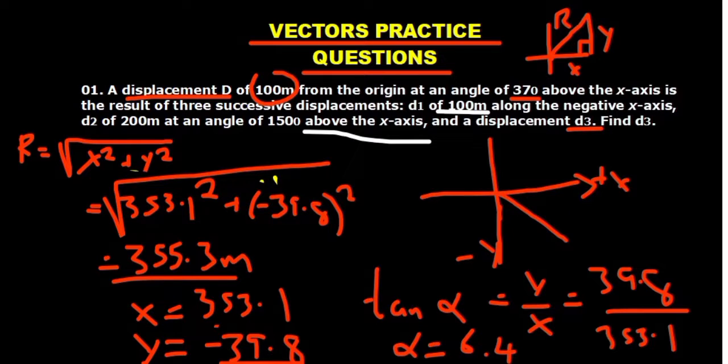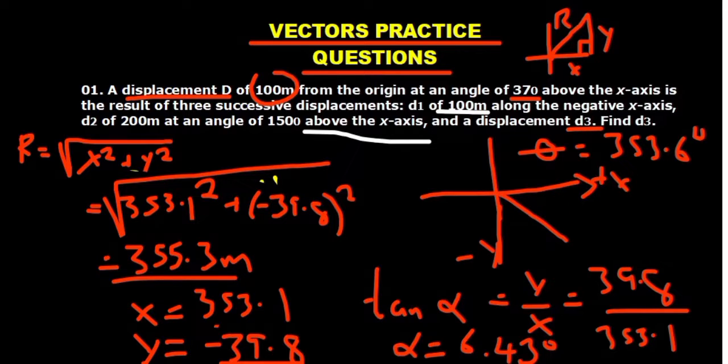Remember, we had ignored the negative, so to find an angle in the fourth quadrant, we subtract from 360. After subtracting, your theta is 353.6 degrees.